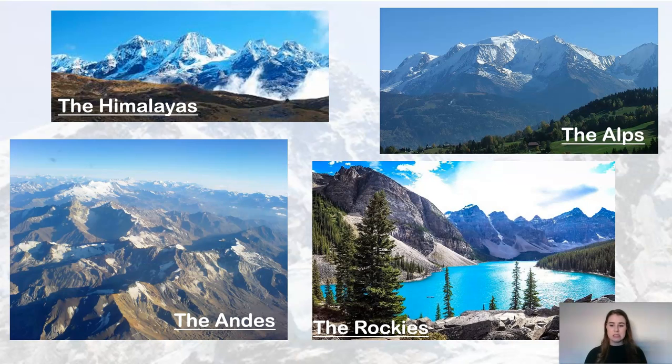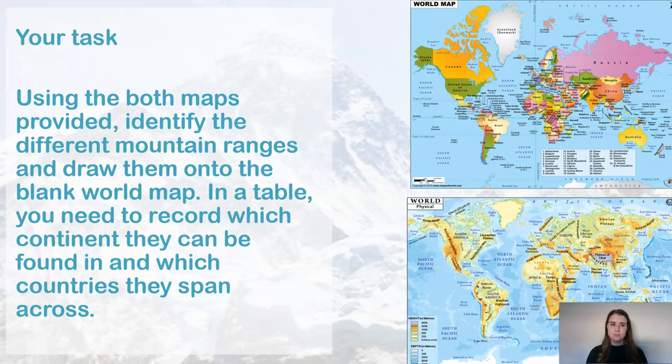Now, the Andes extend from the north to the south of America, expanding over 7 different countries, including Venezuela, Colombia, Ecuador, Peru, and Argentina. So these 4 mountain ranges are only 4 of the number of mountain ranges that exist in our continent, but these are probably 4 of the most famous and largest mountain ranges in the world.